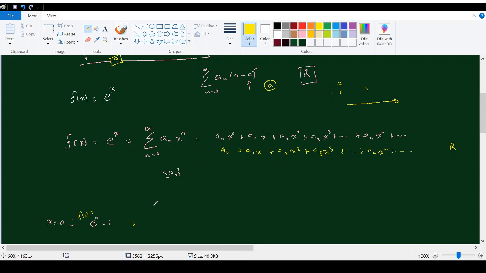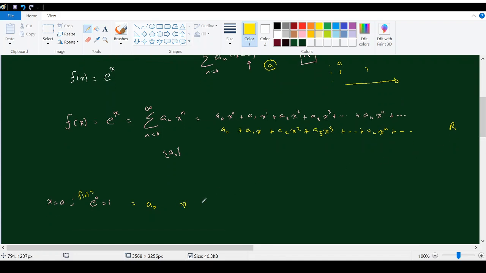So when you substitute x equals 0 into the right hand side, all these terms will vanish and you will have only the a0 term. So in other words, a0 is equal to 1. Remember, our goal is to find all these constant values, and now with this substitution we were able to find the a0 value.